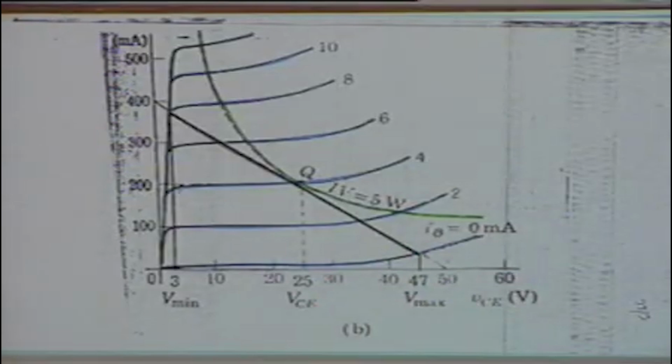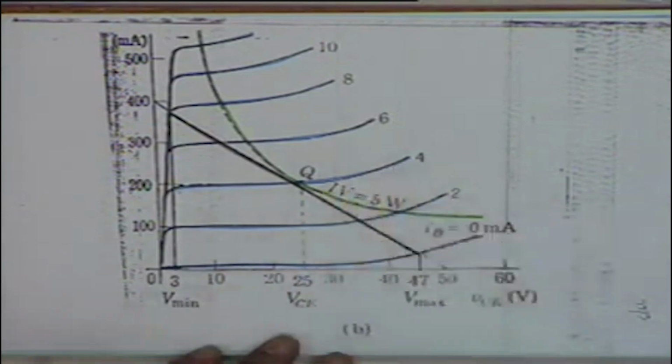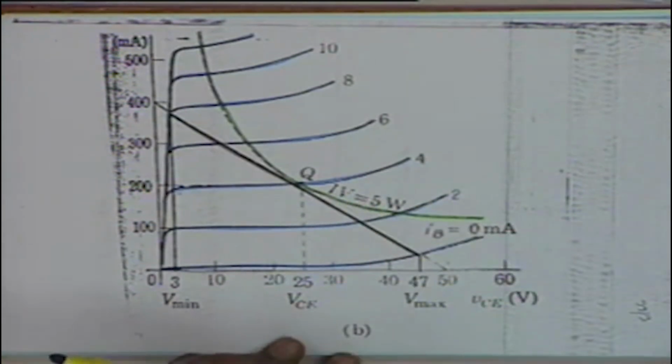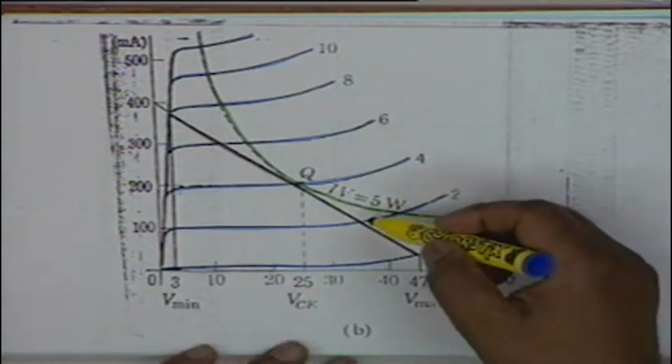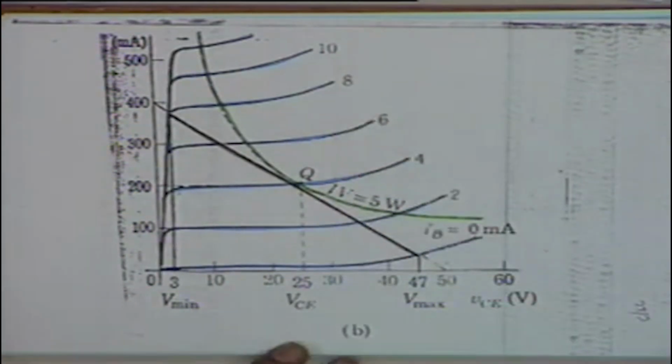Now if we go back to the transistor characteristics once more, you notice that if we choose our Q point here, then for the input current, what is the input current? The base current? If the base current is 4 milliampere. Now suppose the AC input is such that the base current varies from, let's say, 2 milliampere to 6 milliampere.